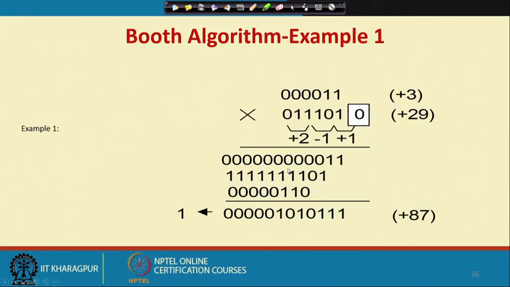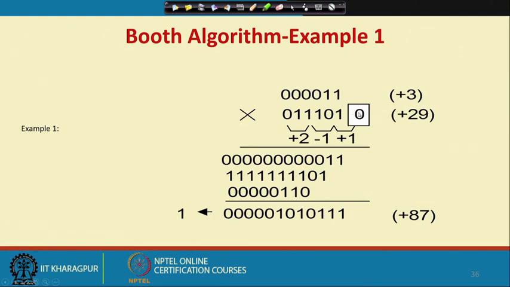So, if we take one example, that is how we perform this sign extension whenever we are using Booth's algorithm. Suppose this is the multiplicand and this is the multiplier. Okay. So this value is plus 3 and this value is plus 29. So the result will be plus 87, right. So what I need to do?